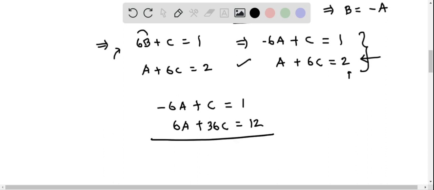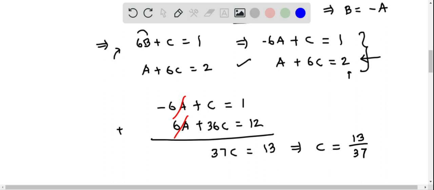Now we add these two equations. We see that negative 6a and positive 6a cancel, and 36c plus c is 37c, and this gives 12 plus 1 is 13. So we get the value of c equals 13 over 37. So we found the value of one of the constants, that is c equals 13 over 37.